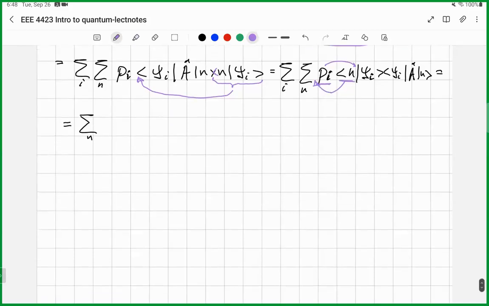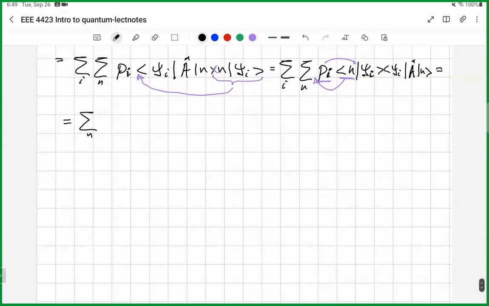All right, so it's going to be a summation over n, then the n vector, then the summation over i, p_i, state ψ_i, and then operator A, |n⟩.